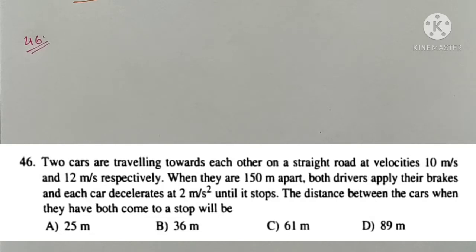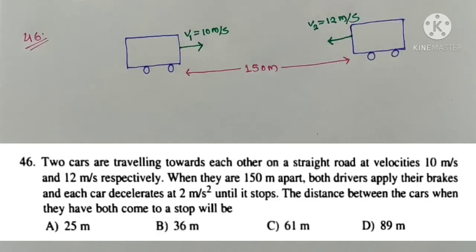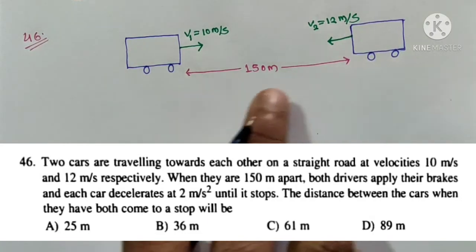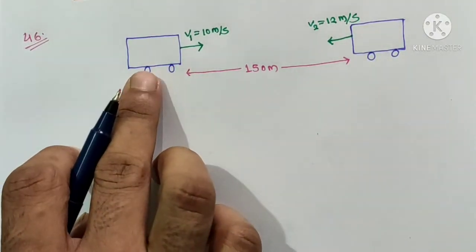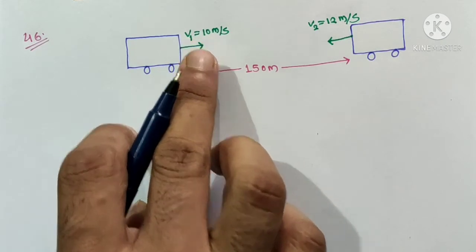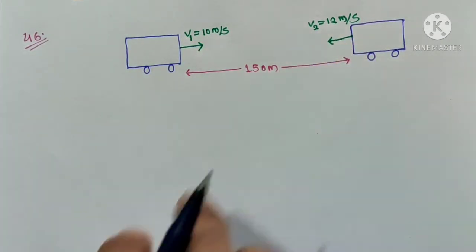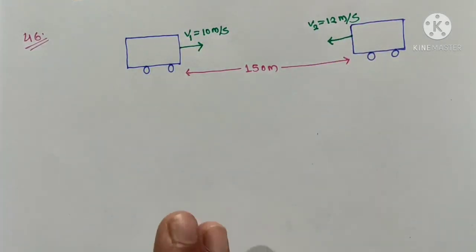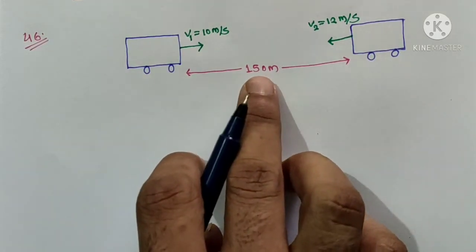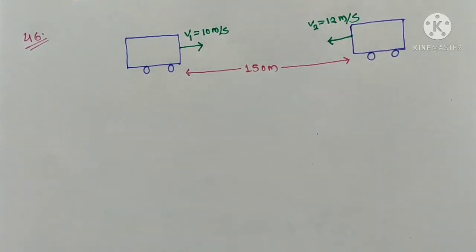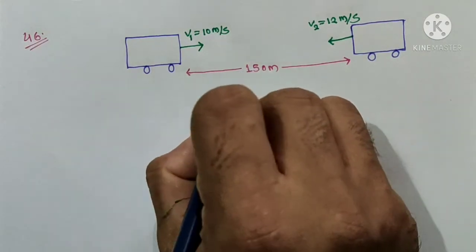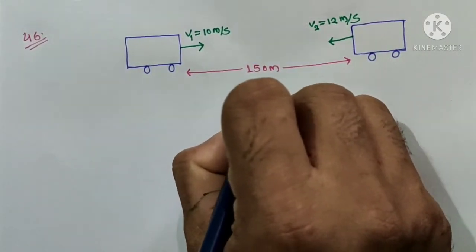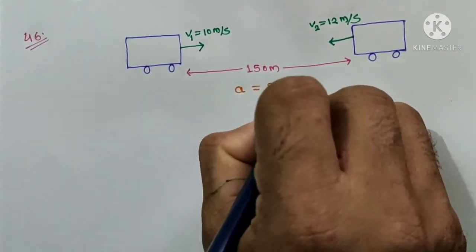The distance between the cars when they have both come to a stop will be. देखो, situation is given that the two cars are traveling towards each other, first car with velocity 10 meter per second and the second car with velocity 12 meter per second, and when the separation between them is 150 meter, they are applying brakes and they are decelerating with a equal to 2 meter per second square.